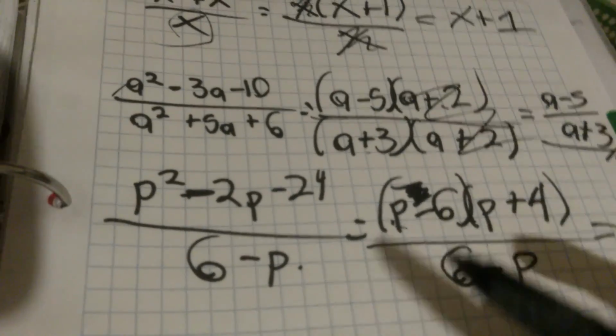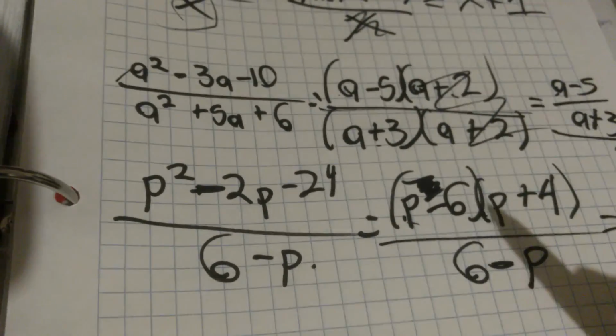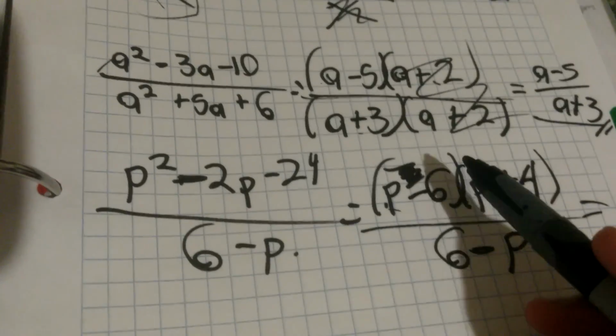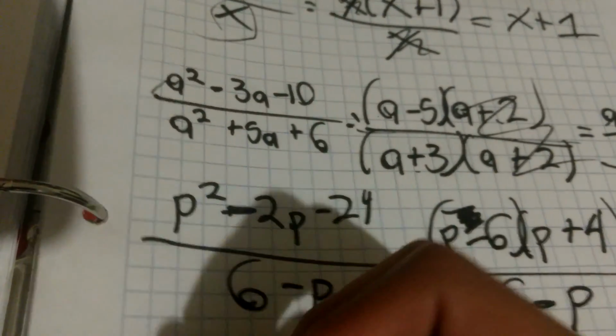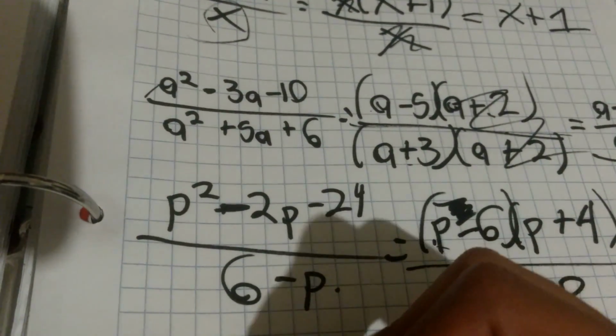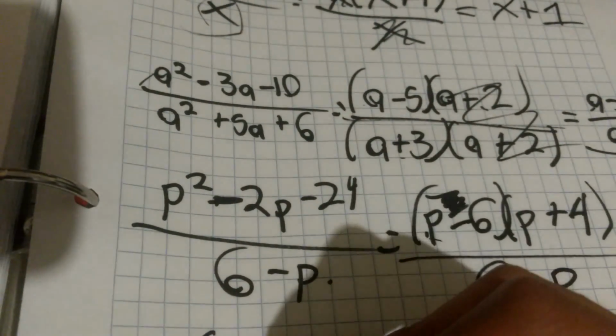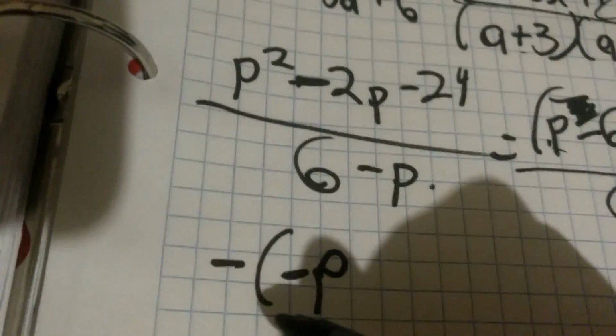Our next step in here, that we don't have a common denominator in the top and in the bottom, is to put a negative sign outside the parentheses upwards.